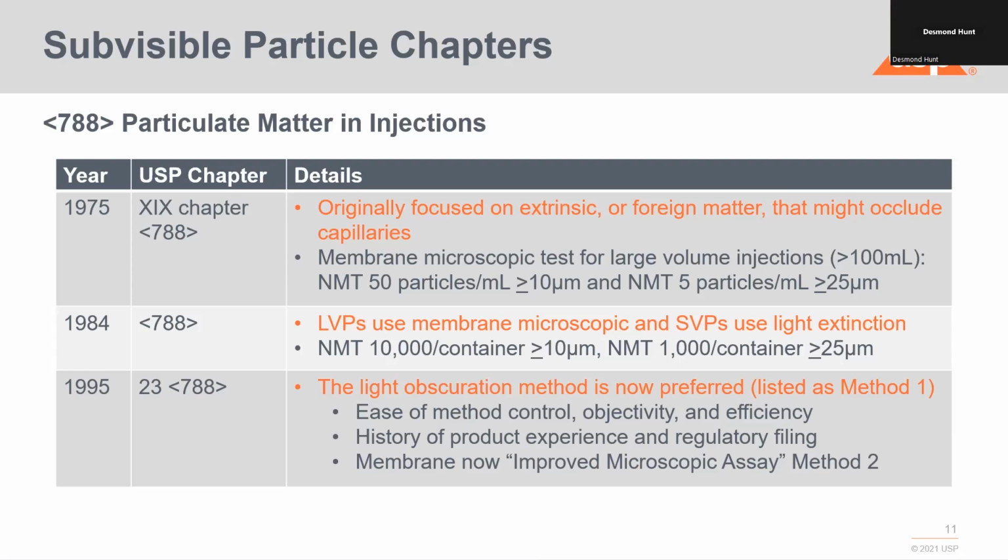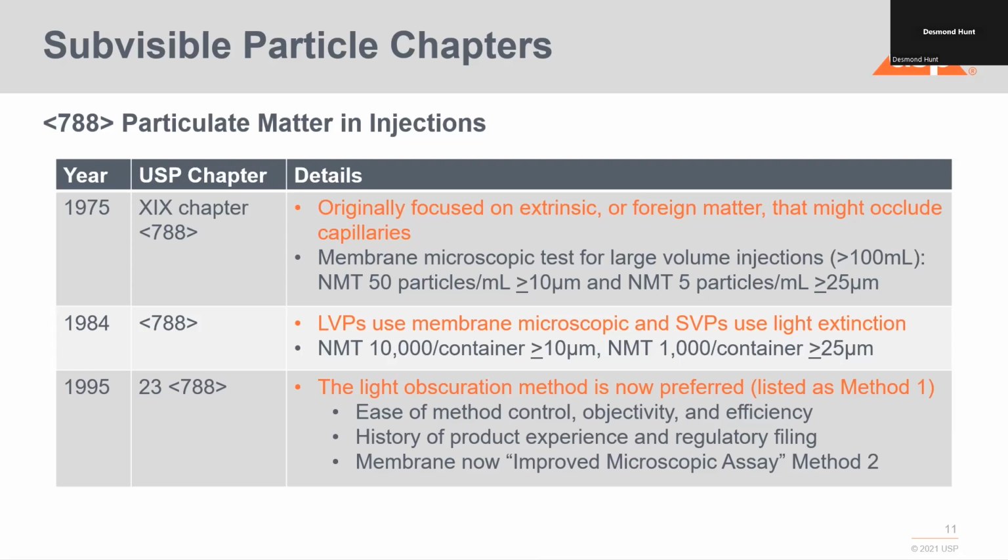And then in 1995 is when the light obscuration method became the preferred method in USP 788, which is method one, which still stands today. One should always start off with method one. If for some reason there are product characteristics that lead to method one not being useful, such as viscosity, color, or air bubbles, one would then move on to method two.